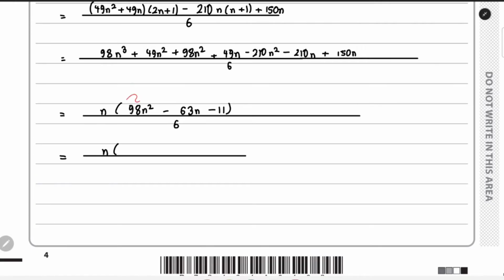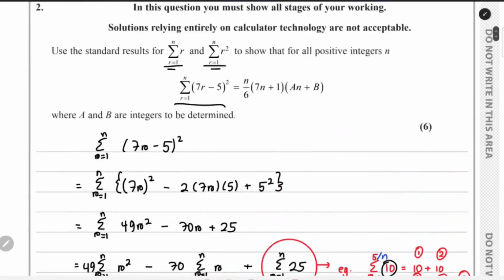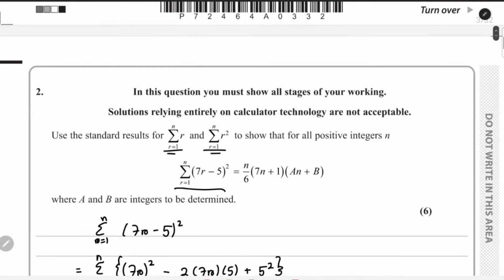I can just solve this quadratic function in a calculator and place the values over here. If I do that, I get 11n minus 14 multiplied by 7n plus 1 all divided by 6. So this is the same thing.